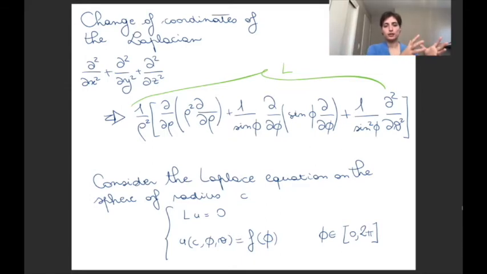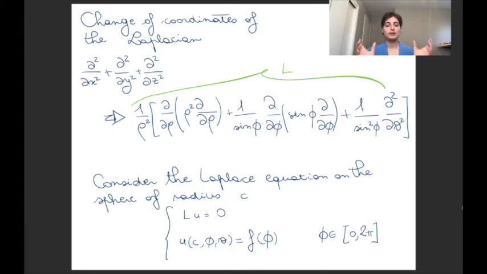The first block only has derivatives with respect to rho and multiplication with rho squared. The second block has sin psi popping up and derivative with respect to psi. The last block is a bit mixed because it has derivatives with respect to theta and sine with respect to psi.